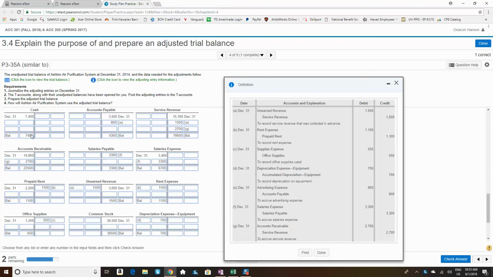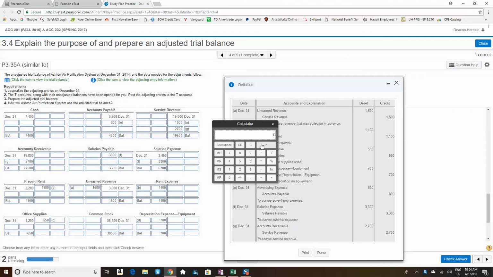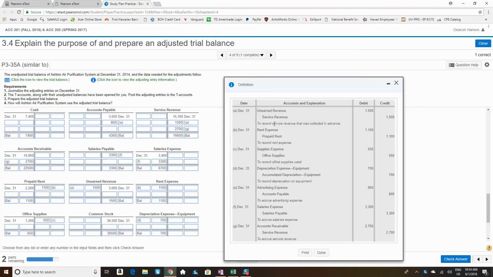So cash, I believe, looks okay. Accounts payable, let's see. Entry E, that's a credit. That looks okay. 3,500, if you don't really do your mental math too well, then you come back and you add 800. Make sure that you're adding correctly, 4,300, and it says balance, okay? So we can do a quick check.